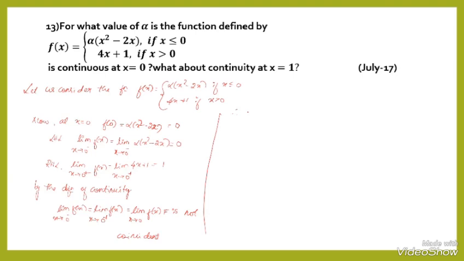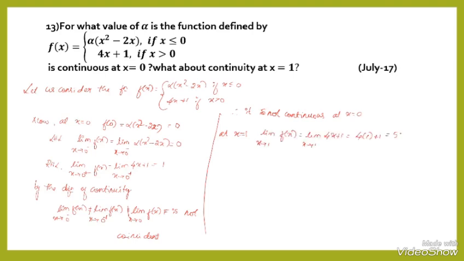Then now at x equals 1. Here x equals 1 means the value x is greater than 0. The limit exists for x greater than 0. Therefore, the limit x tends to 1 of f of x equals the limit x tends to 1 of 4x plus 1. Substituting, 4 into 1 plus 1 becomes 5.